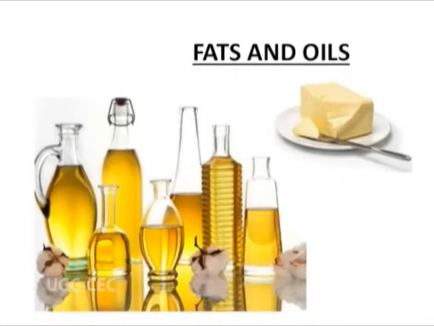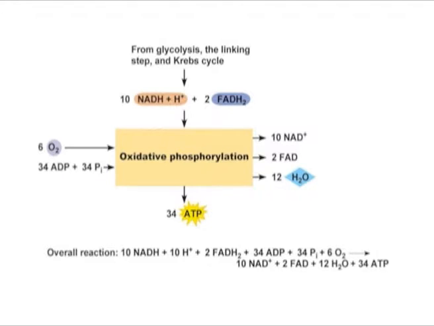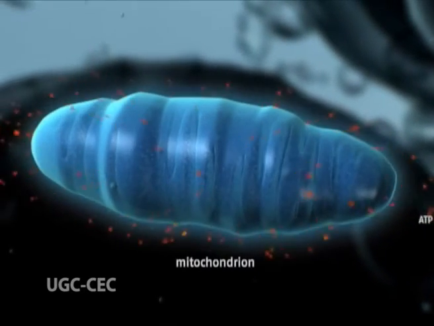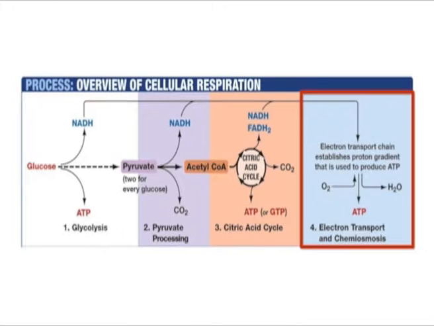Most of the usable energy obtained from the breakdown of carbohydrates or fats is derived by oxidative phosphorylation, which takes place within mitochondria along with the final and the most important step of cellular respiration, the electron transport chain.